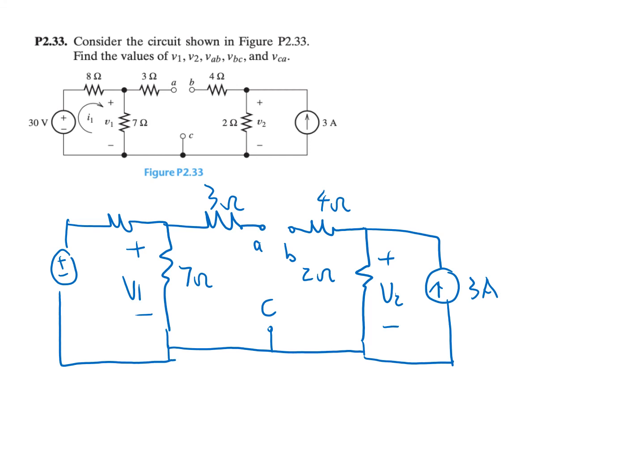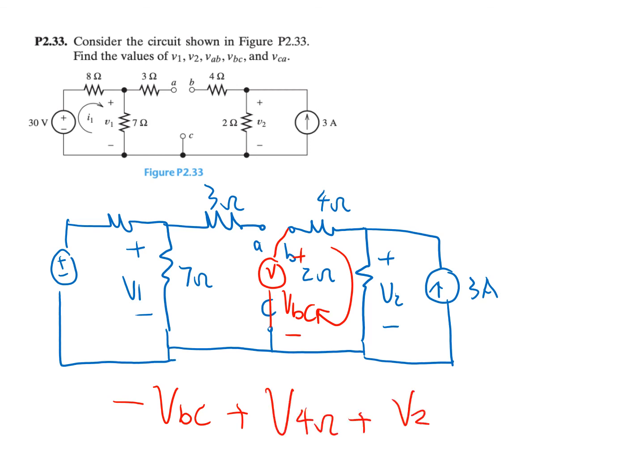Then similarly, we can use the voltmeter method. That's to connect a voltmeter here, and let this be VBC, plus minus. And let's perform KVL. So we have minus VBC plus V 4 ohm plus V2 is equal to 0. We know that V2 is equal to 6 volt, and V 4 ohm, because there is no voltage drop, is 0 volt. So we find that VBC is equal to 6 volt.